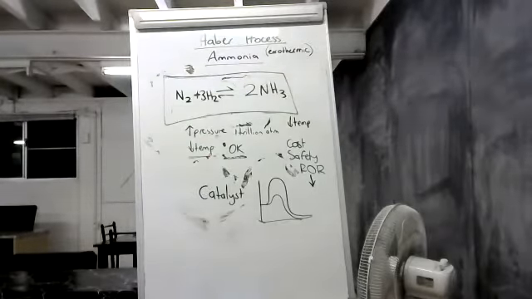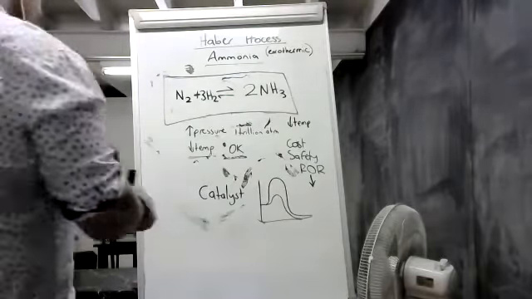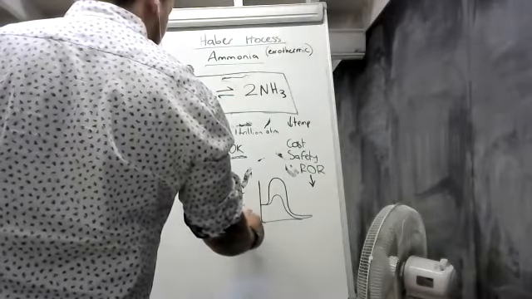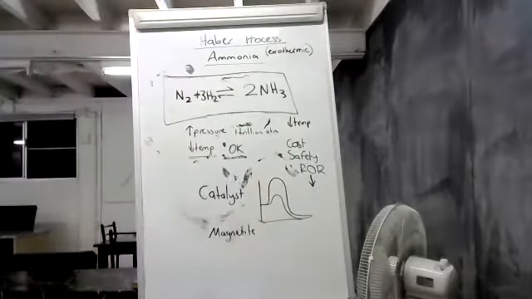Inorganic catalysts are normally metal oxides. So for this, you would use magnetite. This is a mixture of Fe2+ and Fe3+ bound to oxygen.